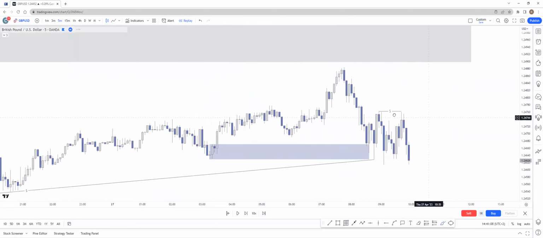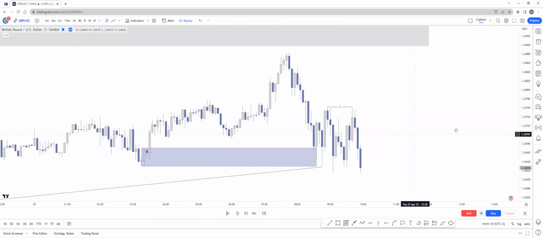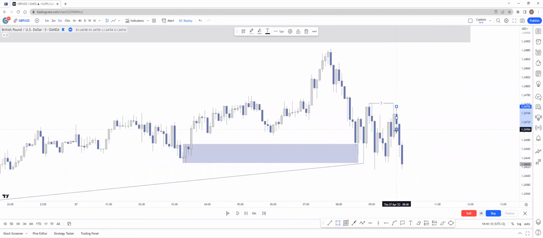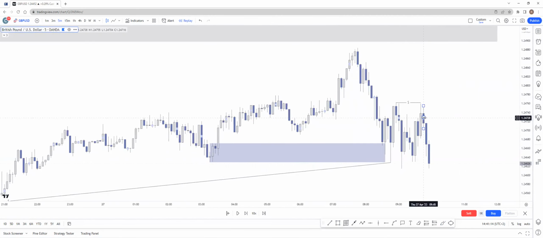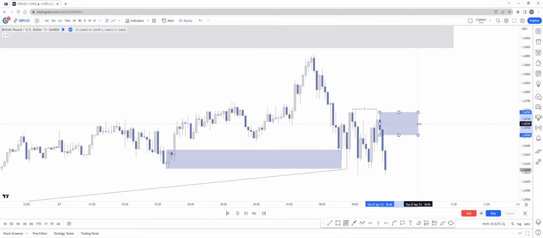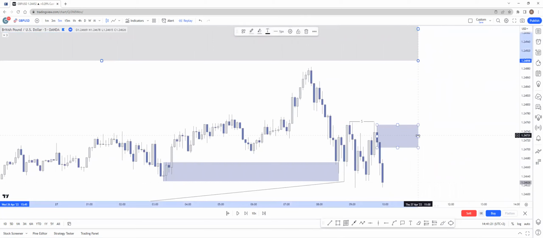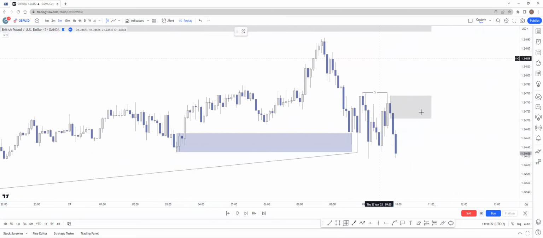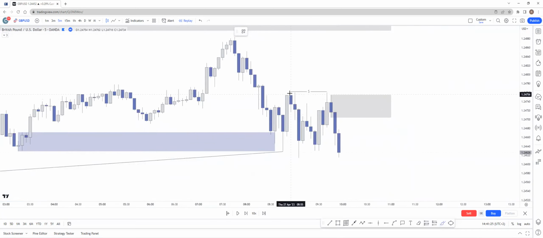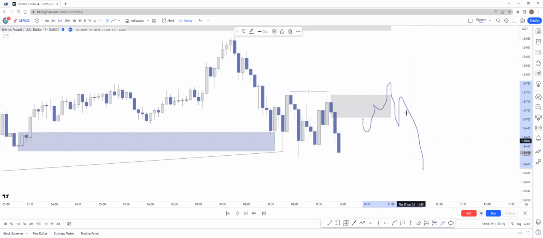So let's take a look on the 5-minute time frame. And actually, we have this 5-minute zone here that has caused technically the flip of the 15-minute zone. But currently, this 5-minute supply, 5-minute flip zone is part of this liquidity. So we have a high chance to see a liquidity sweeping scenario in this case.